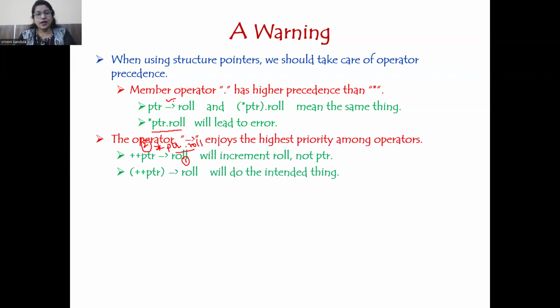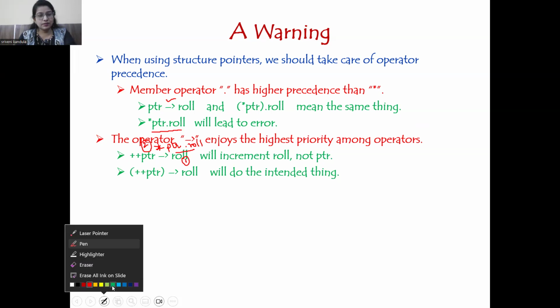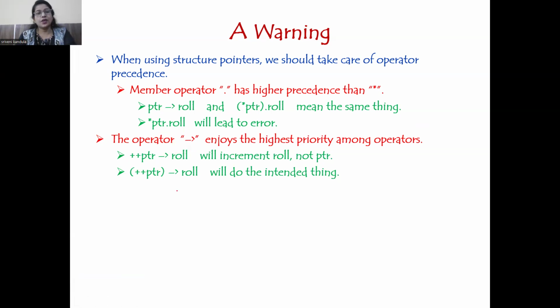Then the arrow operator has the highest precedence among all the operators. For example, here you can see plus plus ptr arrow roll number. We know that plus plus is a pre-increment operator. According to our knowledge so far, what do we think?